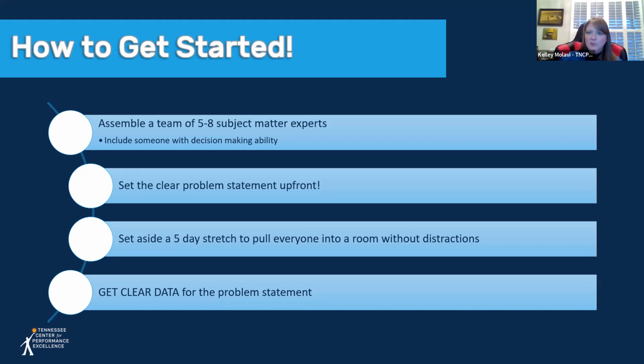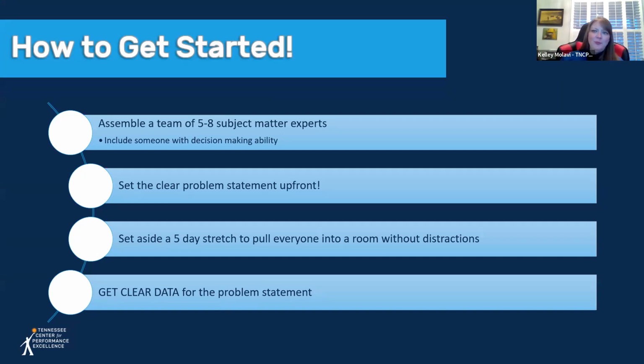Get that problem statement very clear up front. You do not need scope creep here. The more scope creep you have, the longer and the less effective the actual problems become. I recommend setting aside a 5-day stretch in which you pull everybody into a room and eliminate their distractions.